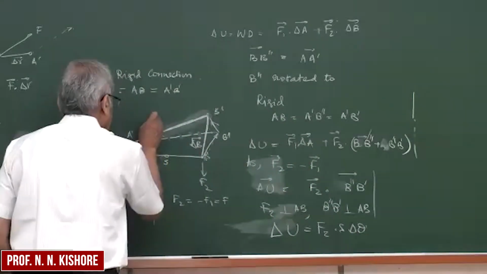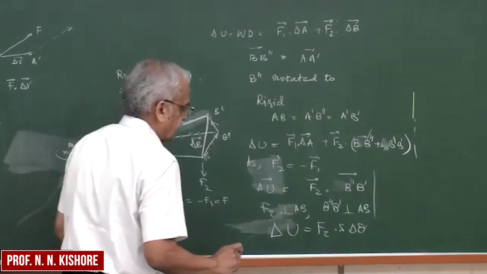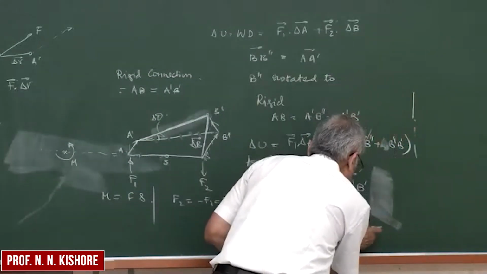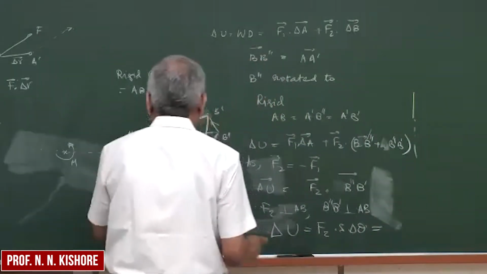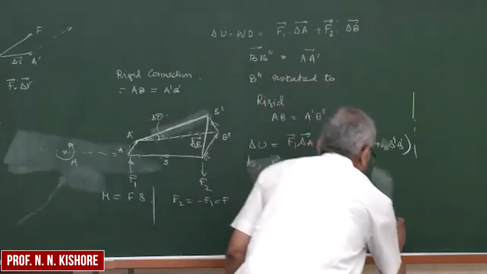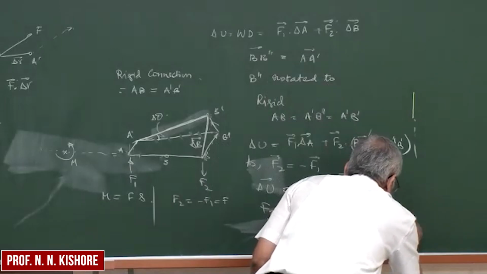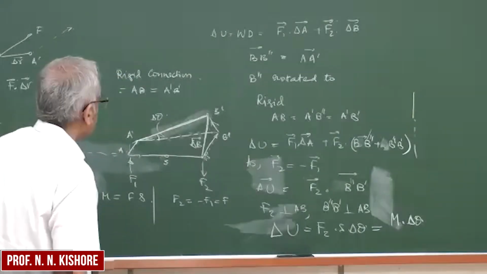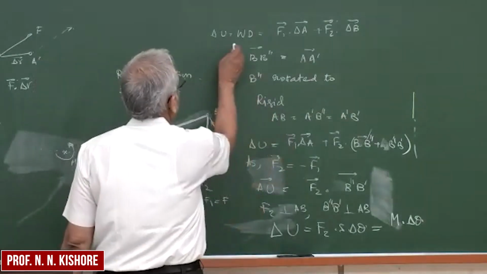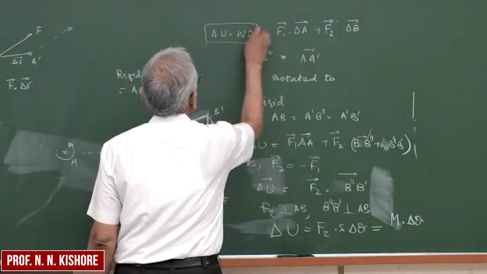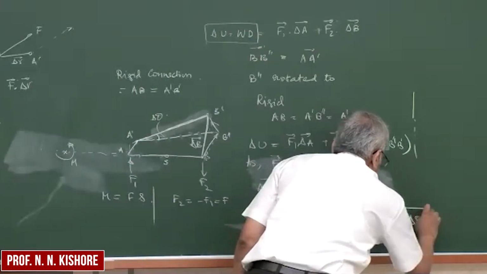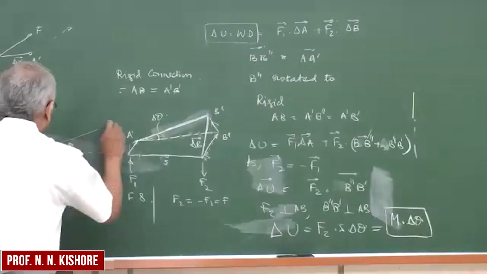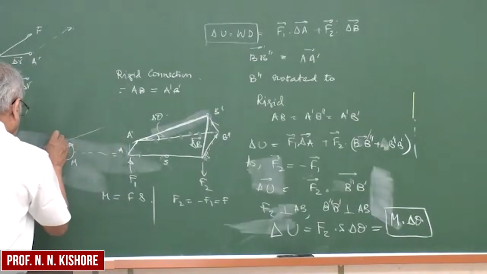If this is delta theta here, then it is F2 into delta theta, which is simply equal to, since F into S is nothing but moment, M into delta theta. So the work done by the moment is nothing but the moment and how much rotation it undergoes.